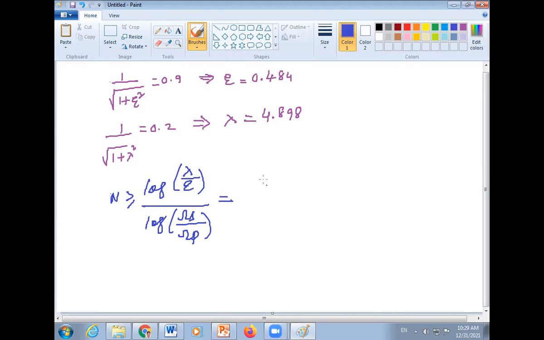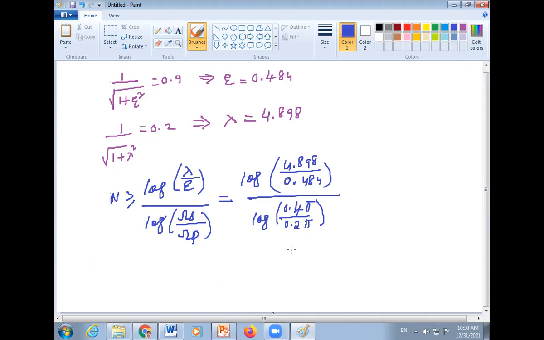So this is equal to log of 4.898 divided by 0.484, whole divided by log of 0.4 pi divided by 0.2 pi.